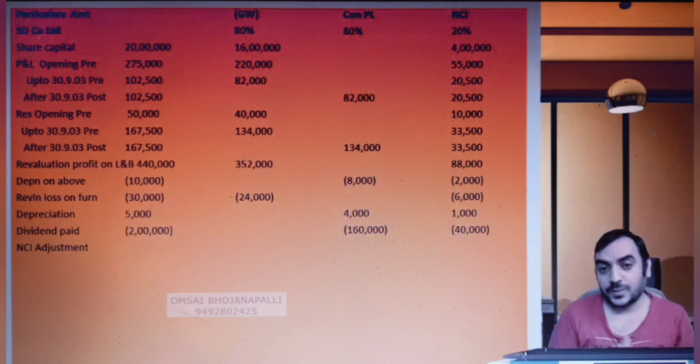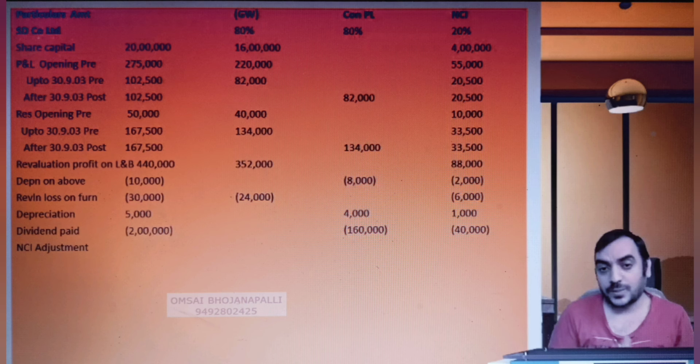In such case, dividend received by holding company may be treated as recovery of cost of investment.